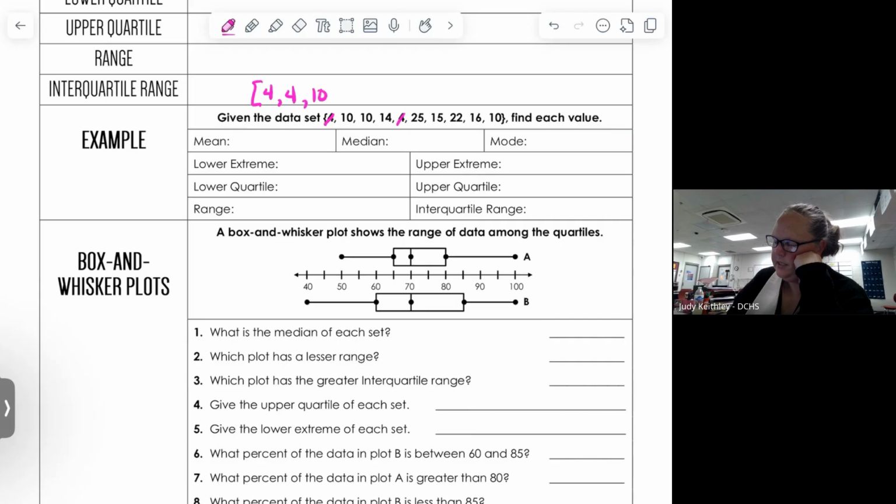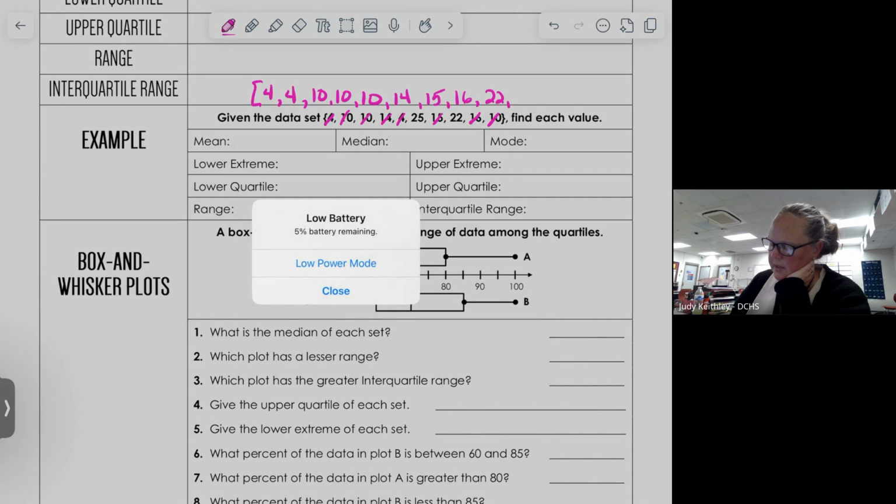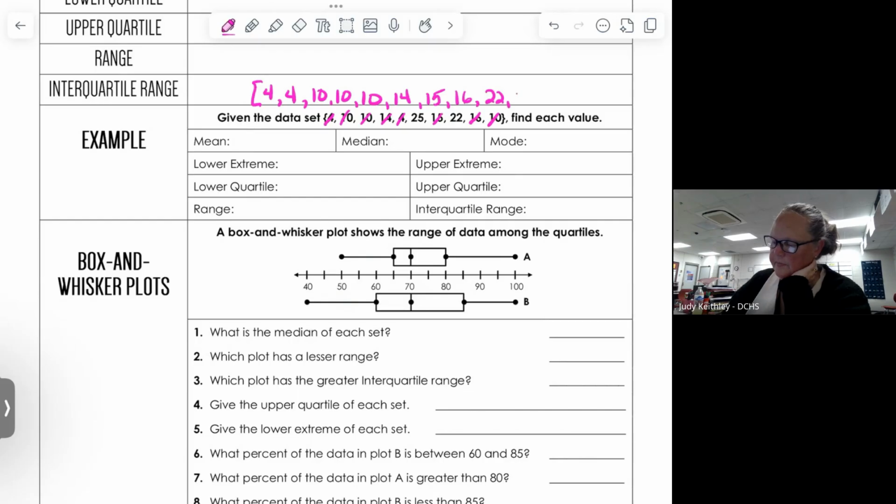I have a 10 here, another 10 here, and a third 10 here. 13, 14, we've got a 14. We've got a 15. Need to be marking them out so we don't miss anything. 16. And then we've got a 22 and a 25.